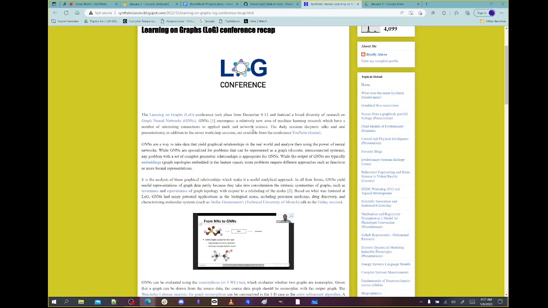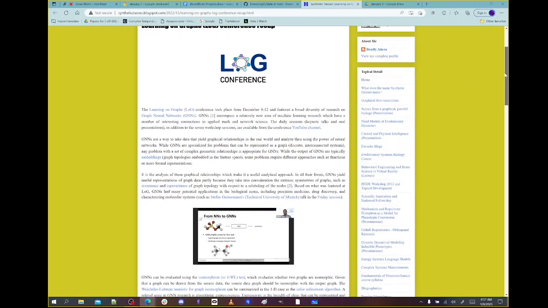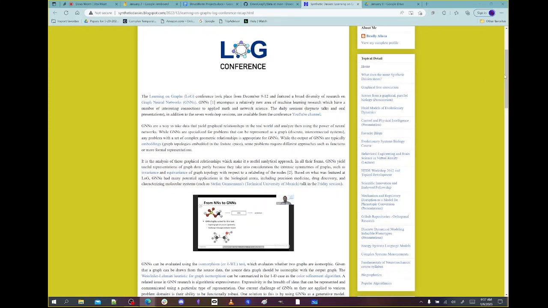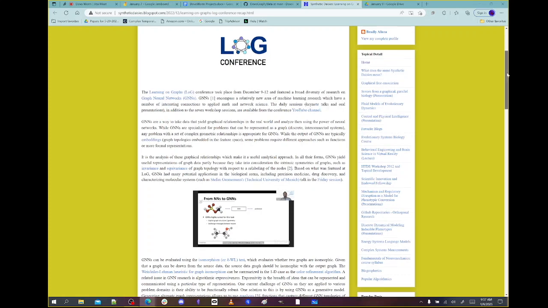Graph neural networks are, as I described before, a way to take a lot of graphical input in the world, things that can form graphs, and transform them into graph embeddings, which you can use for computational analysis. One of the first talks was on applying this.